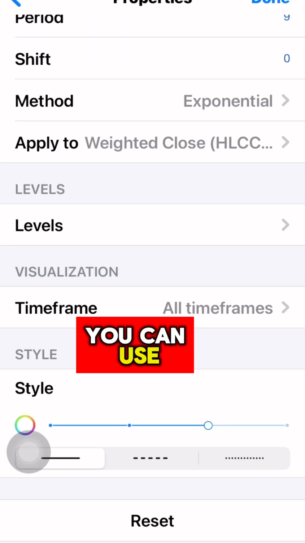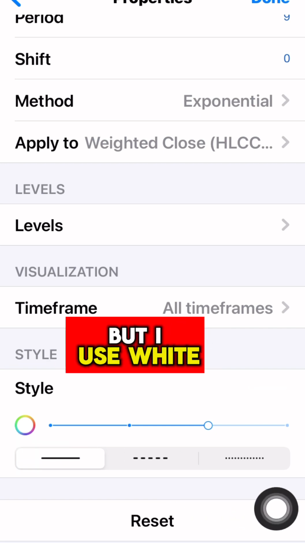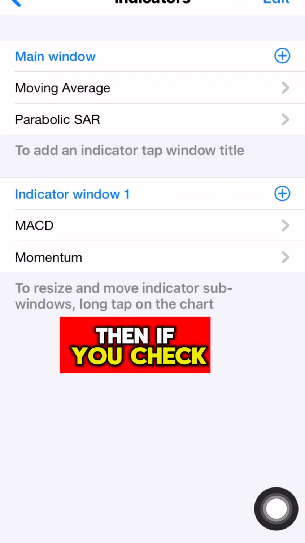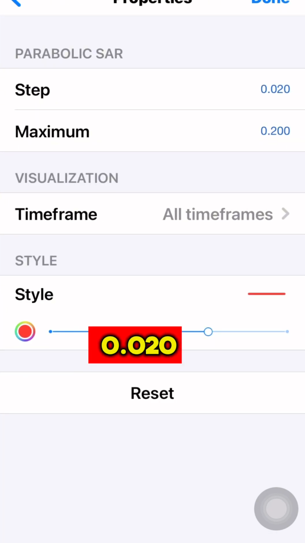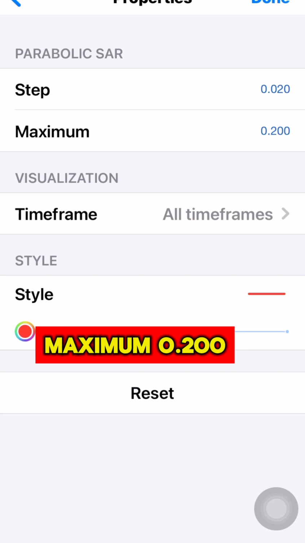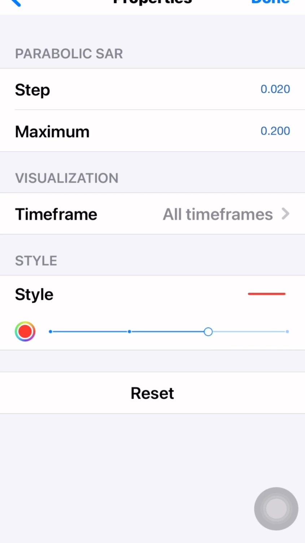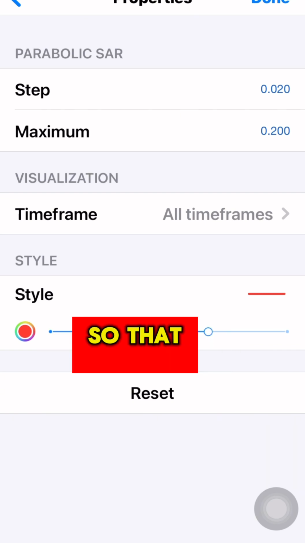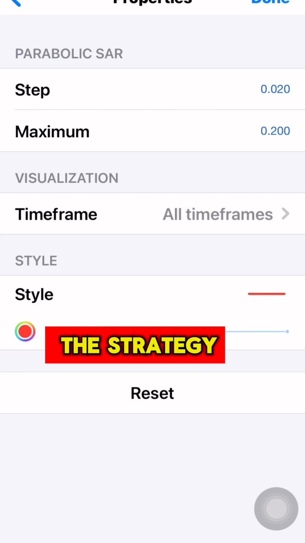For style, I use white, but you can change it to anything. Then for the parabolic SAR, step 0.020, maximum 0.200, visualization on all time frames, and the style is red. Screenshot it so that you have the detailed explanation of the strategy.